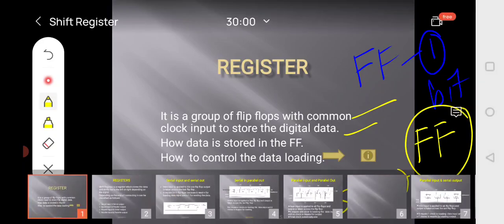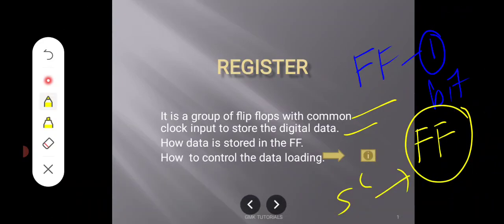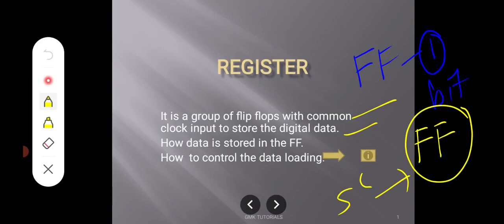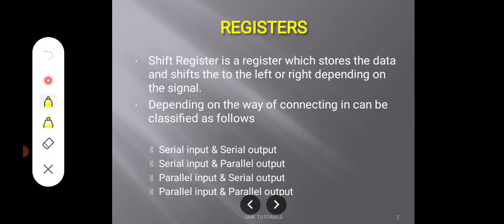Second, based on the arrangement of flip-flops, these registers can be classified into different categories. What is a register? A register is a group of flip-flops with a common clock input to store digital data. A shift register is a register which stores the data as well as shifts the data to the left or right depending upon the signal.